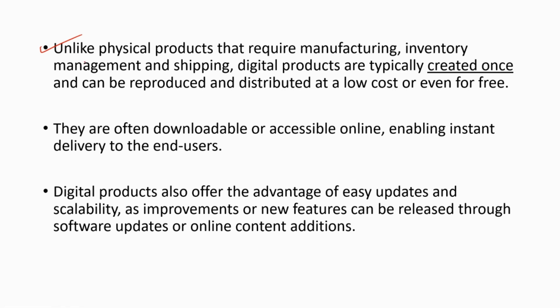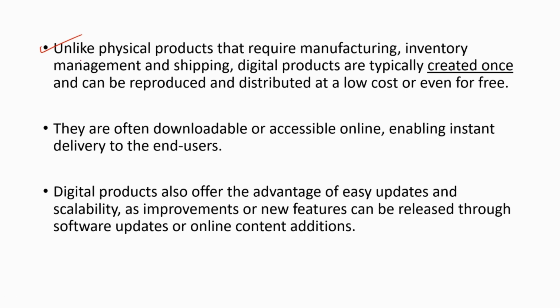Let's consider a car and a PDF file. A car is a physical product, the PDF file is a digital product. In order to produce one more car, the manufacturing company has to start the manufacturing processes from the very beginning. And they have to do inventory management, and finally they have to do the shipping in order to deliver the cars to the customers.